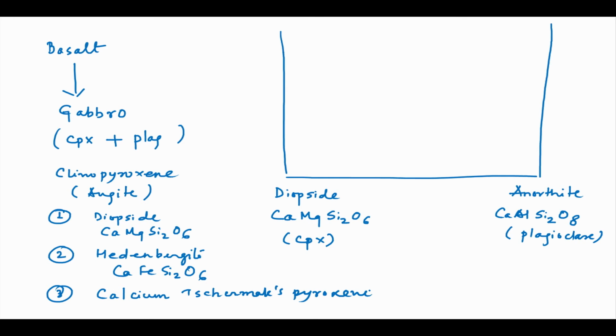So in the gabbro we have clinopyroxene, and clinopyroxene is mostly augite, and augite has 3 different components: a certain proportion of diopside, a certain proportion of Heidelbergite, and a certain proportion of calcium Tschermak's pyroxene. The pure calcium Tschermak's pyroxene is absent in nature.